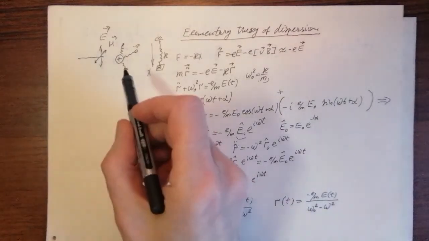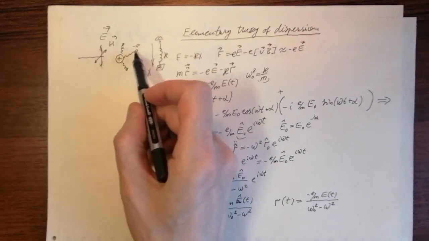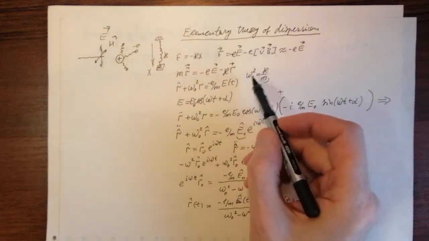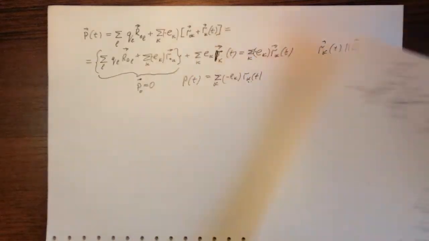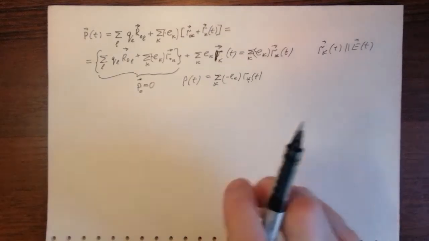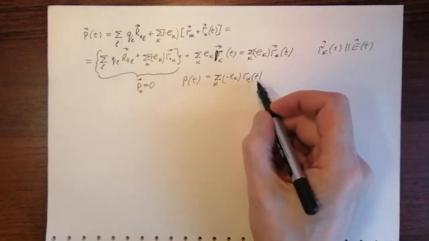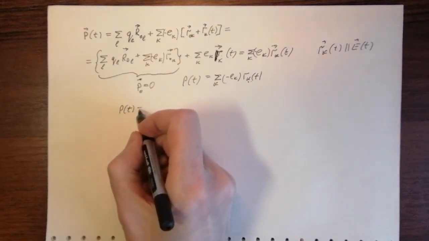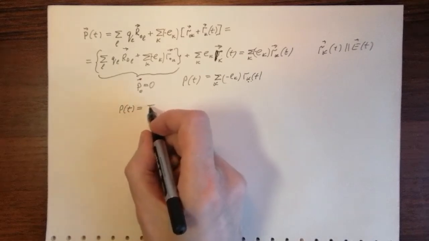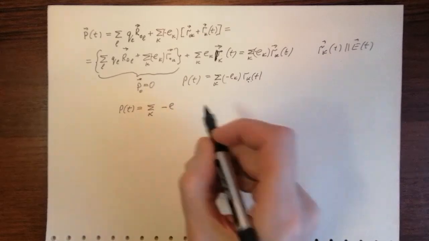I'm not sure that you saw what I mean, that electrons are at different distances, and so kappa is different because this force is different. Well, so we put here k, and when we sum all the terms, we will have that P on T is equal to the sum on k of minus e.